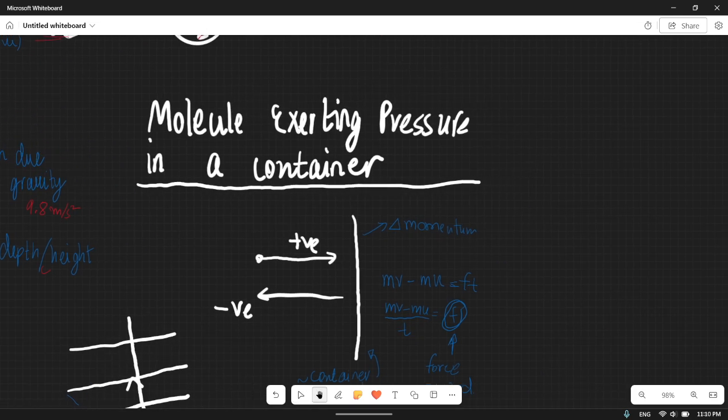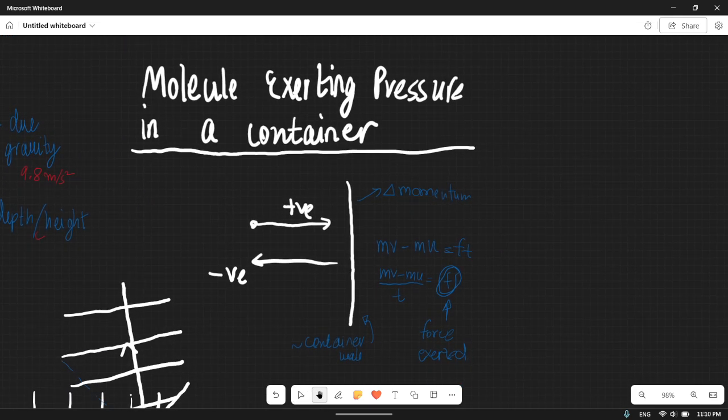Then we have molecules exerting pressure in a container. So we know that momentum is mass times velocity and impulse is force times time. And impulse is also change in momentum. So if you do mv minus mu all over t, you get a force. Now because you have a container, this is the container wall, and you have particles constantly hitting and then going back, that means that they have mass, they are moving, which means they have velocity.